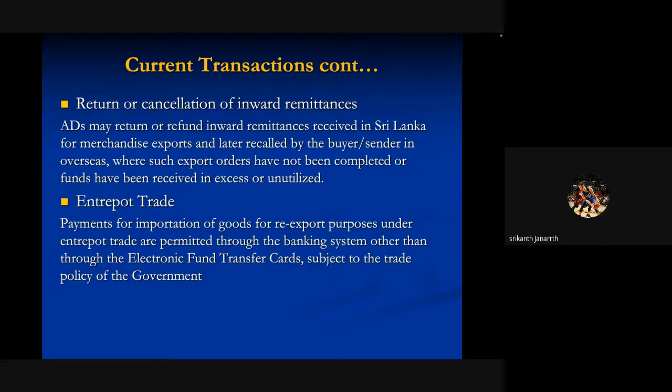So the goods are coming from China to Sri Lanka and going from Sri Lanka back to Bangladesh. So this is called entrepot trade. In entrepot trade, the goods are coming from China, with changes or without changes, going to Bangladesh. So here you are making the payment to China subject to you receiving more money from Bangladesh.